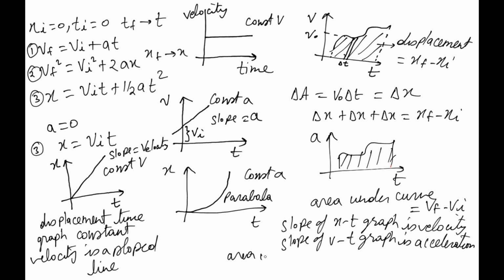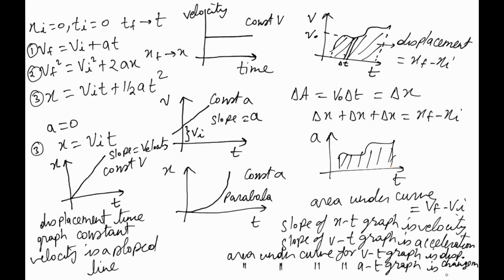Area under the curve for the vt graph is displacement, and area under the curve for the at graph is change in velocity, right?